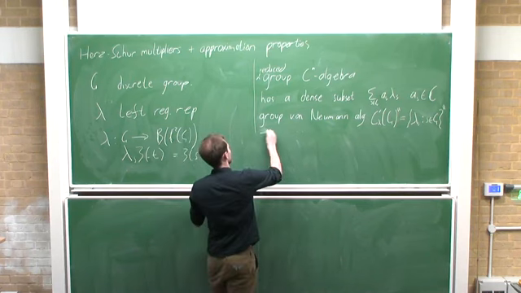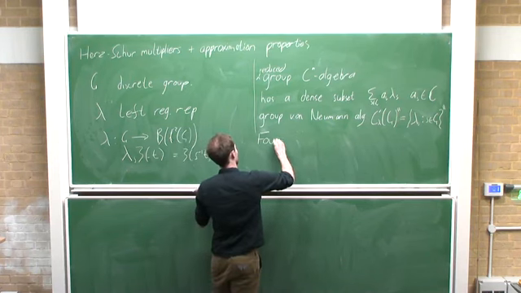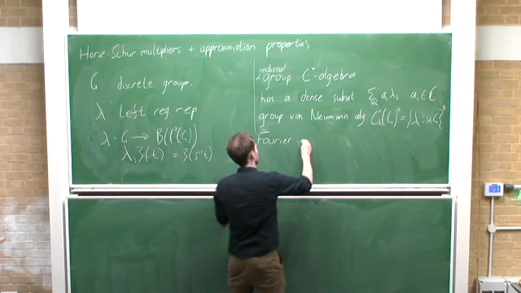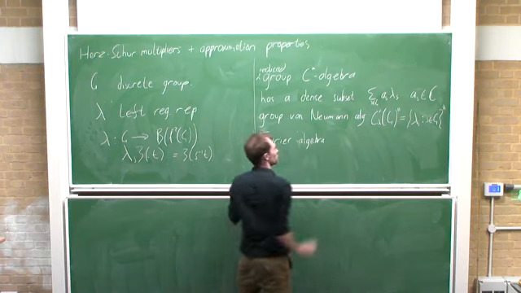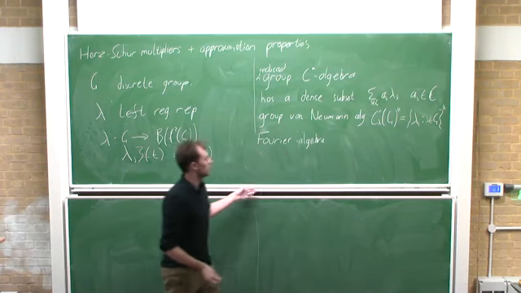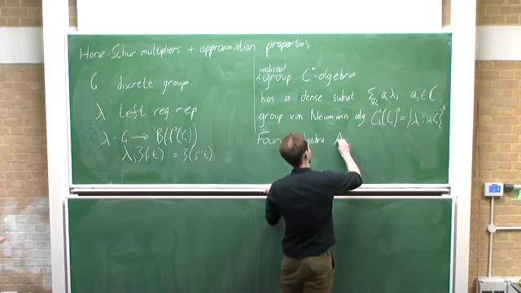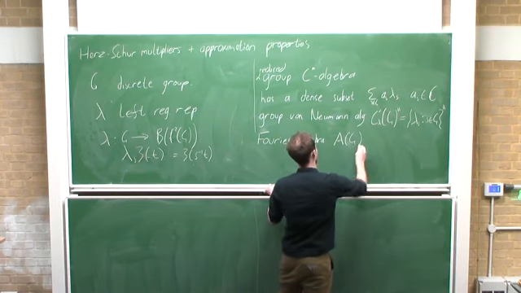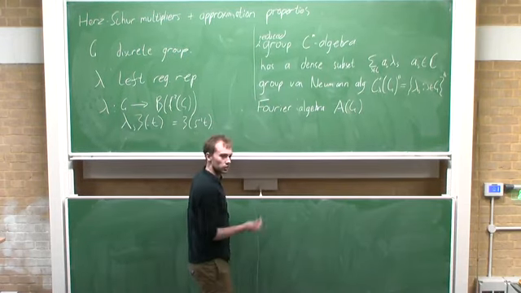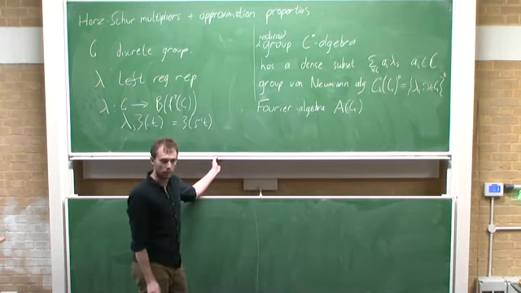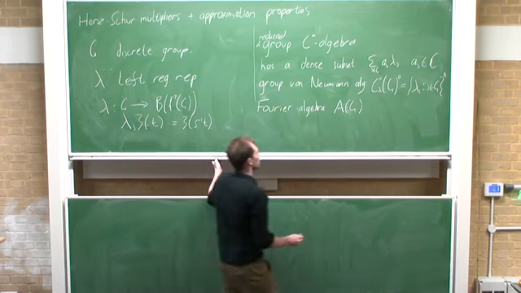And lastly, the Fourier algebra, A of G. A of G is the collection of coefficients of the left regular representation.